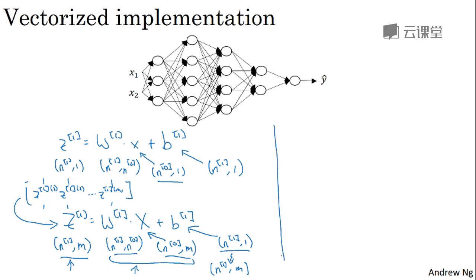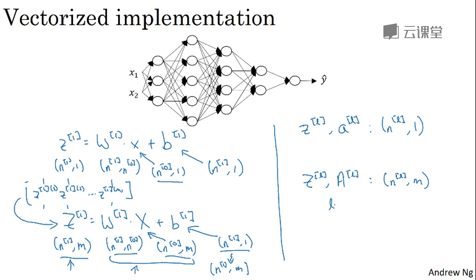So on the previous slide, we talked about the dimensions of W, b, dW, and db. Here, what we see is that whereas z[l], as well as a[l], are of dimension n[l] by 1, we have now instead that capital Z[l], as well as capital A[l], are n[l] by m.